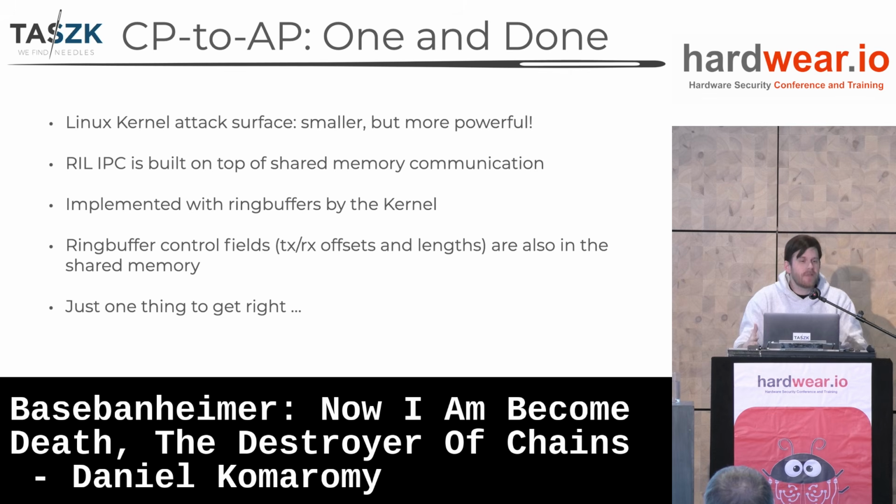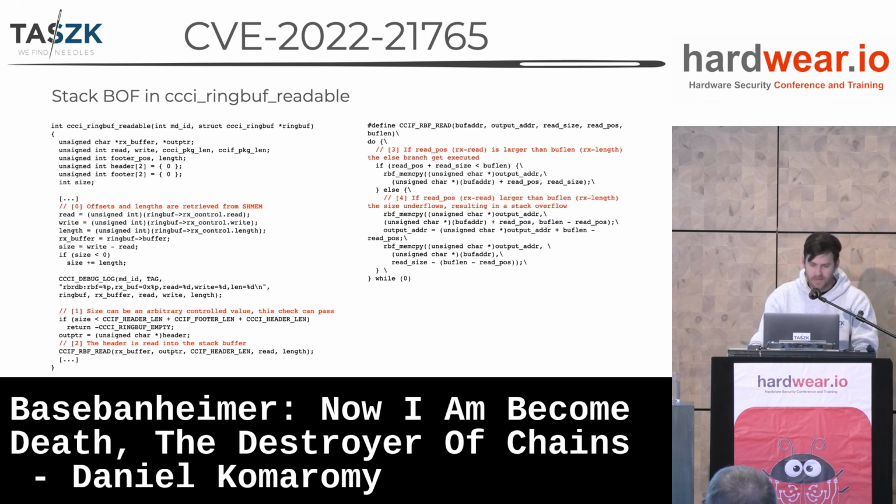So really there's just one thing to get right: whenever the other side tells you where the new slot or offset is in the ring buffer that you're supposed to be consuming something from, you make sure that you check and verify that offset is within the ring buffer. That's the one requirement. And it turns out even one requirement you can get wrong in 3 different ways.